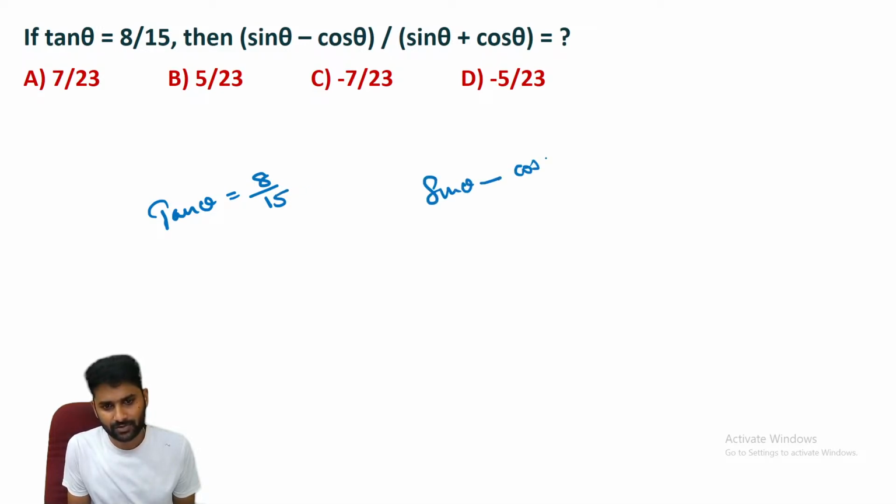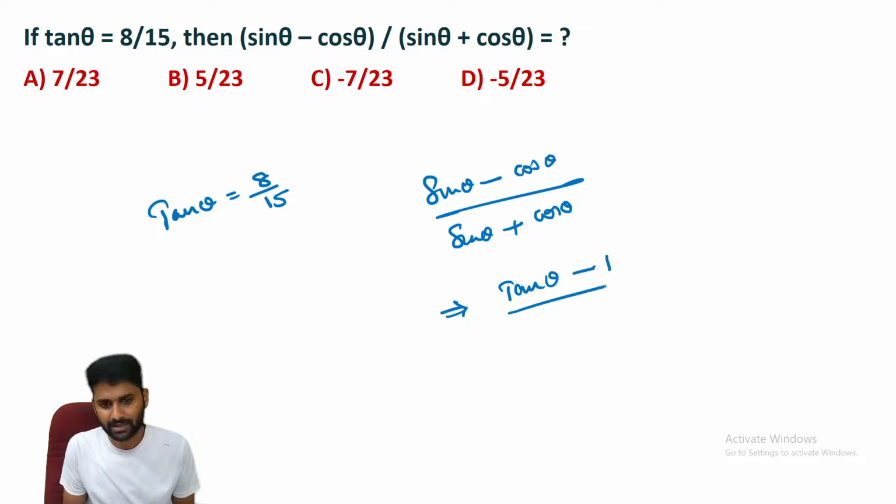Sin theta minus cos theta divided by sin theta plus cos theta. Take cos theta common in both the numerator and denominator. You will get tan theta minus 1 by tan theta plus 1.